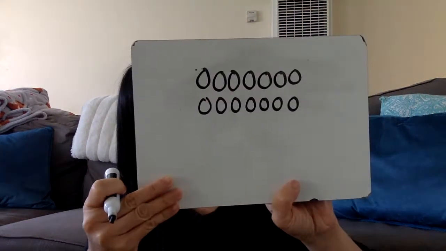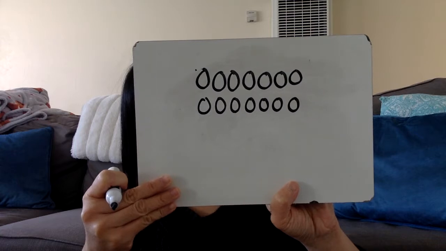Another strategy you can do is you can draw pictures on your whiteboard or paper. So I'm going to draw 14 penguins or circles. 1, 2, 3, 4, 5, 6, 7, 8, 9, 10, 11, 12, 13, 14. So there are 14 circles here. And I know that 8 of them are still on the ice. So what I'm going to do is I'm going to cross out 8.